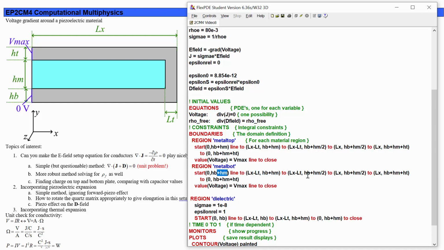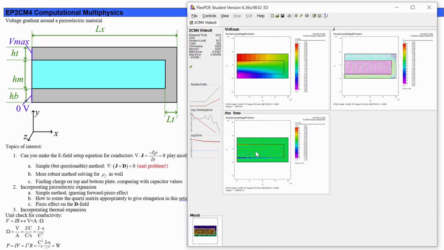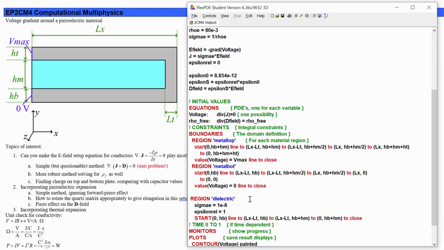So we'll start at just H bottom, line to the end, still H bottom, and then up to the same midpoint, out to the same midpoint, and then here, down to 0 height, and then to 0, 0, and this time we'll say value voltage is 0, line to close. So this should now be doing exactly the same simulation as before. Yes, all good.